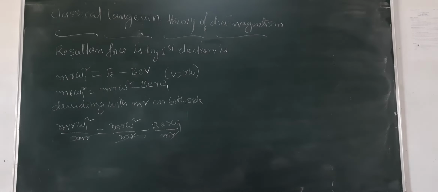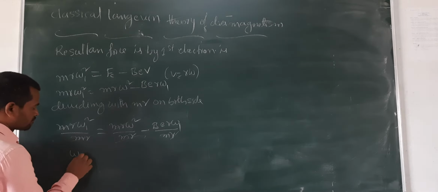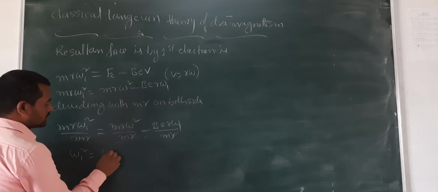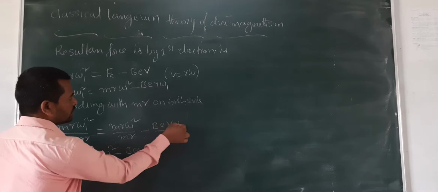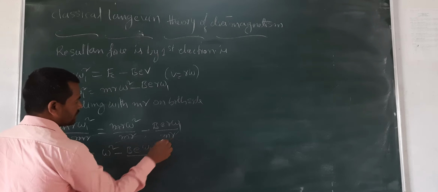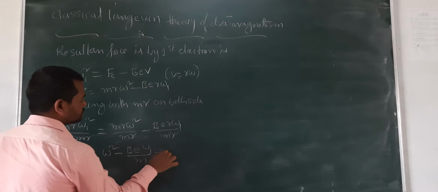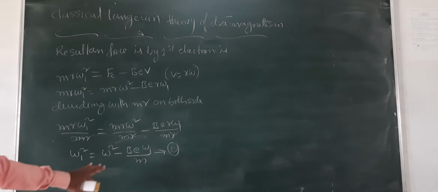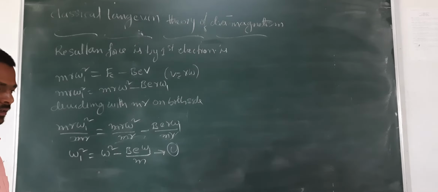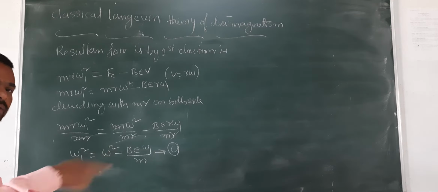So what we get: omega 1 square equals omega square minus B e omega 1 by m. Let this be equation 1. This is for the first electron, which is in the clockwise direction.